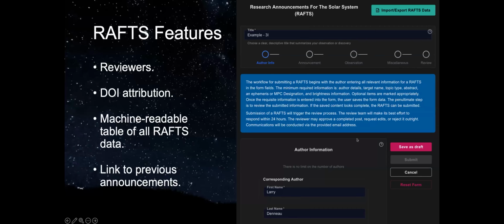And this is what the input form looks like. Because I only have 7 minutes, I've just included a quick screenshot rather than going through the whole page. But you can include information on the various corresponding authors. If there's a collaboration that has input, that can be included.